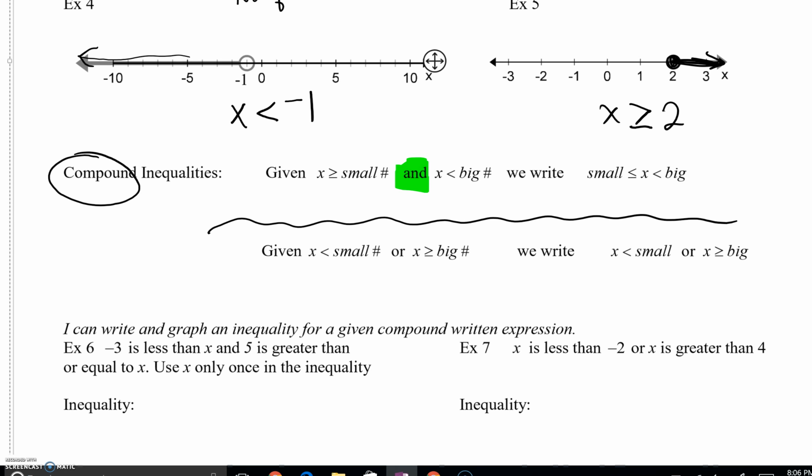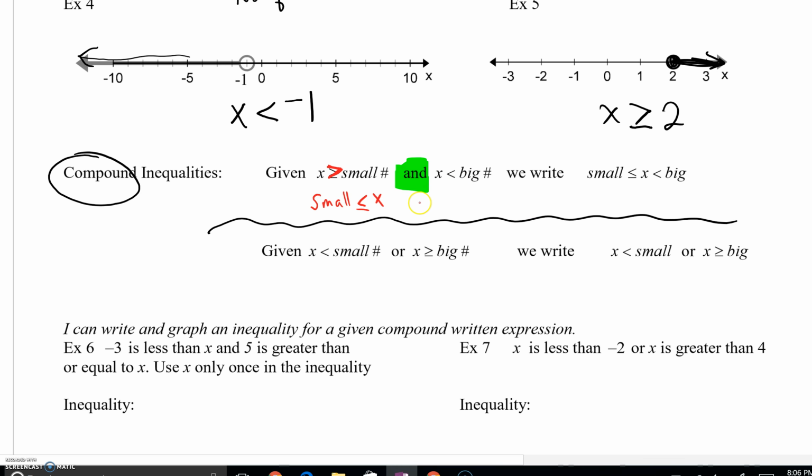Now, by the way, there's another way that we could write this. We could say that the small number is actually less than or equal to x. I'm sure you remember in elementary school you learned about the mouth of an inequality always opening up towards the larger number. The mouth, like an alligator or a Pac-Man, is opening up towards x.